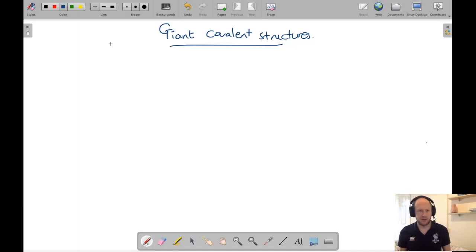So let's have a look at how these form. The covalent bond is exactly the same.